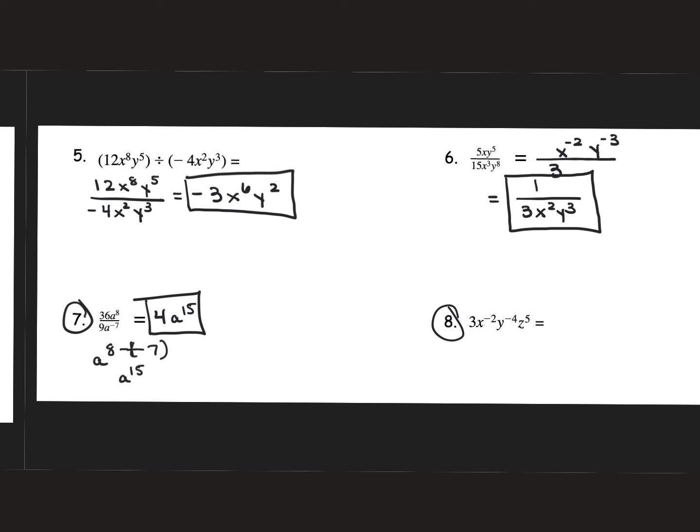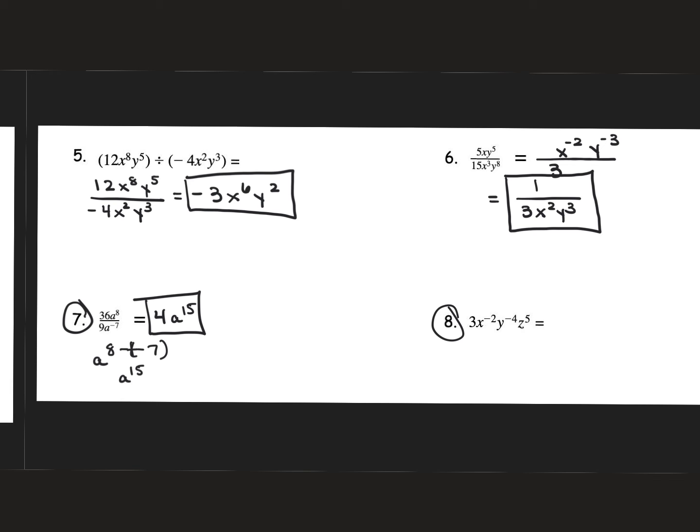All right, number 8, we have 3x to the negative 2, y to the negative 4, z5. So as we can see here, we have all different bases. We have 3, we have a base of x, a base of y, and a base of z. So the only thing we can do here is, remember, in our simplified and final answer, we cannot have any negative exponents.